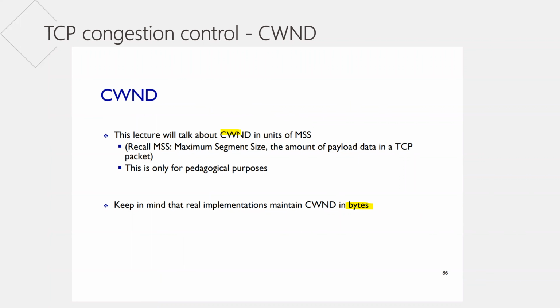And the CWND is always in units of MSS. What does this mean? It means it is always a multiple of the MSS. Do you still remember the MSS? It's the maximum segment size. If you can recall LAB4, we had a part on it, right? Let me try to open LAB4.